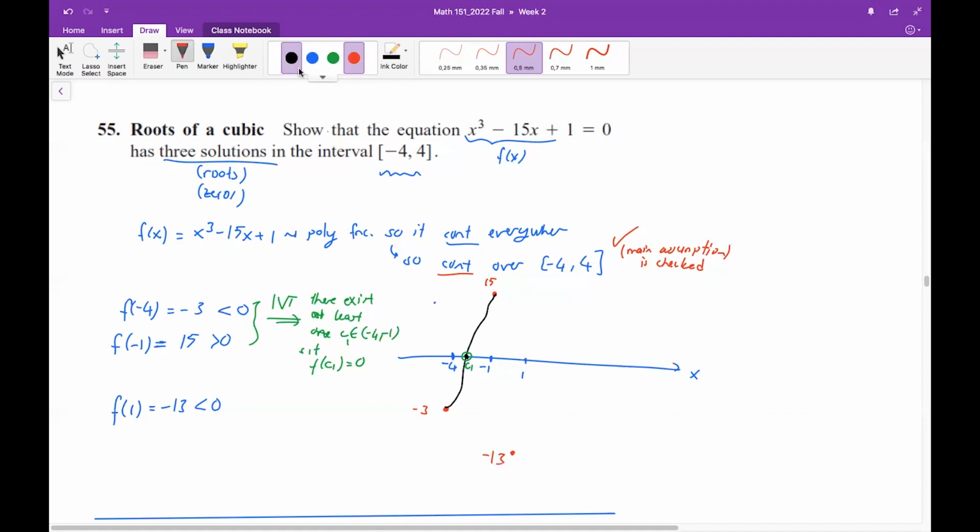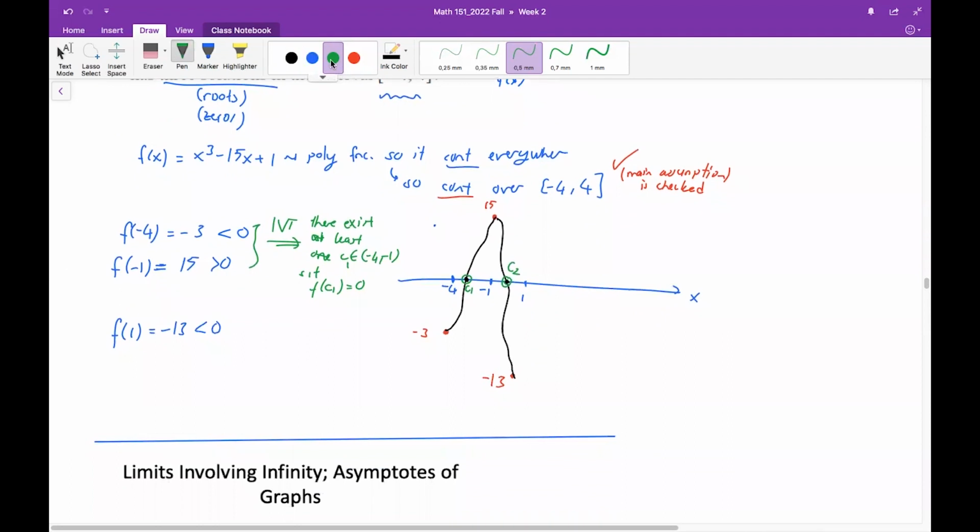Now I will connect again these 2 points on my graph with a continuous graph, something like this. You see, I have to pass the x-axis again by crossing it right at this point. That's why we proved 1 more root is here by the intermediate value theorem. Let's call it C2. Between these 2 points, one of them is positive, one of them is negative.